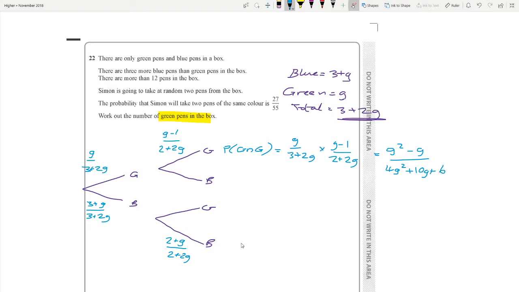The probability of getting a blue and a blue, let's do that next. We're going to multiply these two fractions together, so that's 3 add G divided by 3 add 2G, multiplied by this, 2 add G divided by 2 plus 2G.